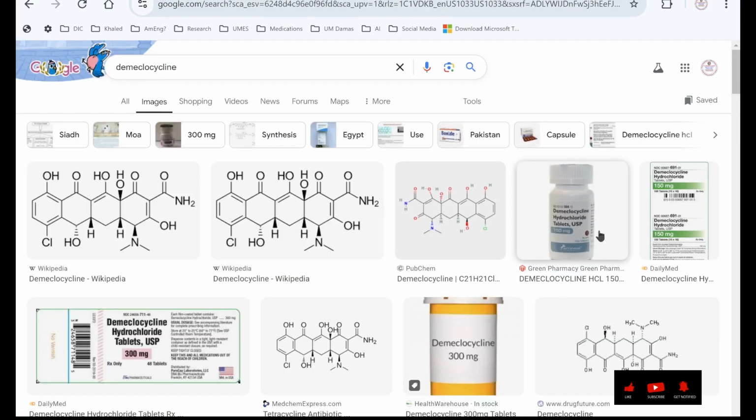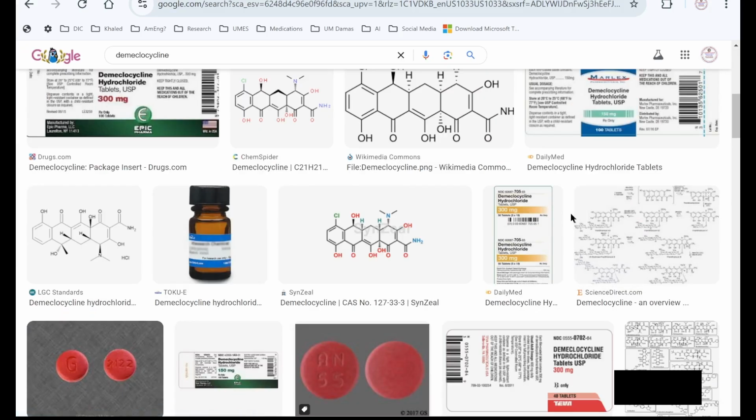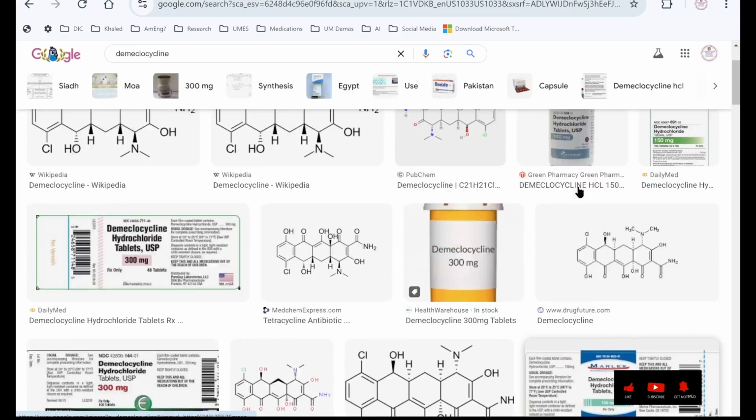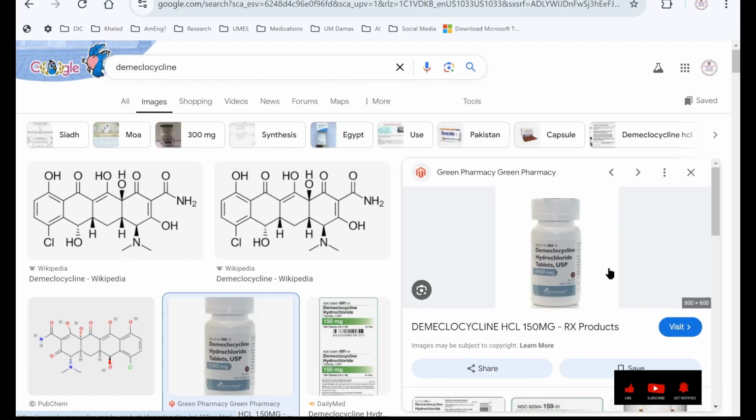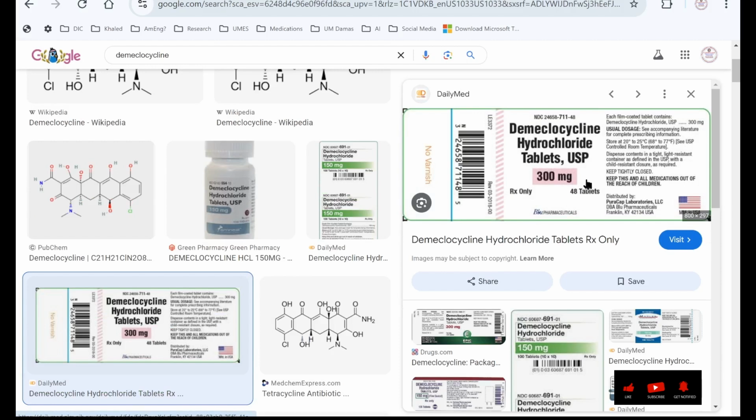Demeclocycline, the treatment for demeclocycline, if we press on one of these medications, we have it here, for example, demeclocycline tablets available. Also, if you scroll down, we have some more information about demeclocycline hydrochloride as a possible treatment for another type of disease, not acne, a very specific case to use demeclocycline.